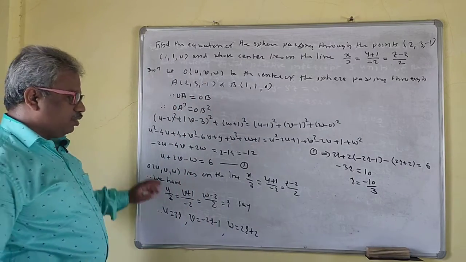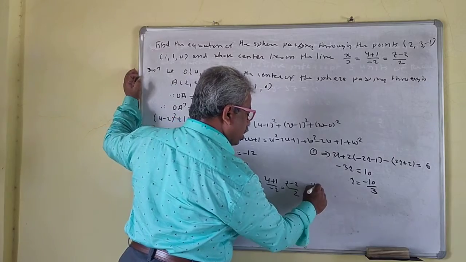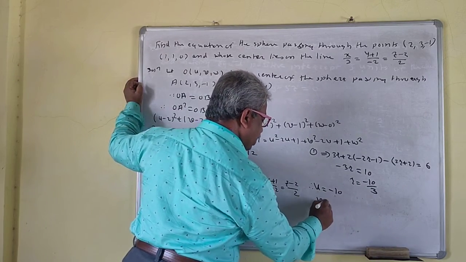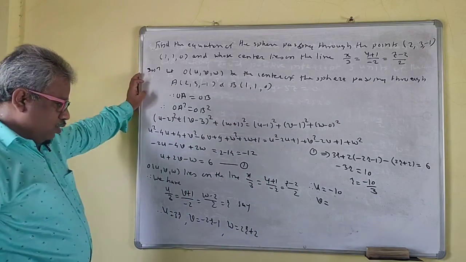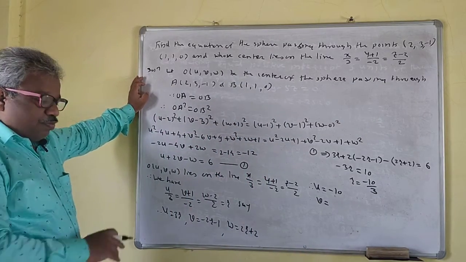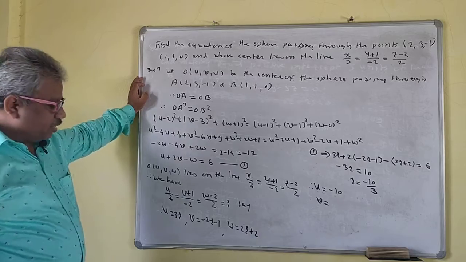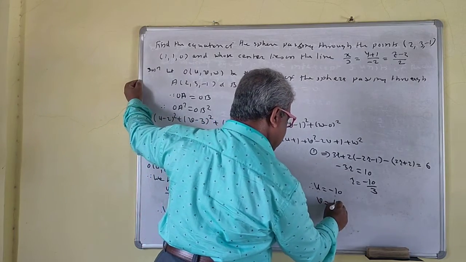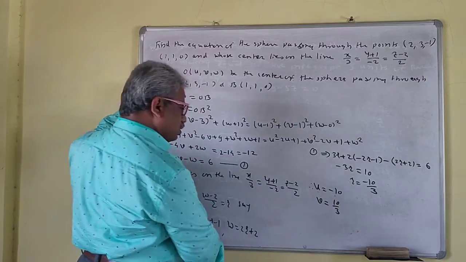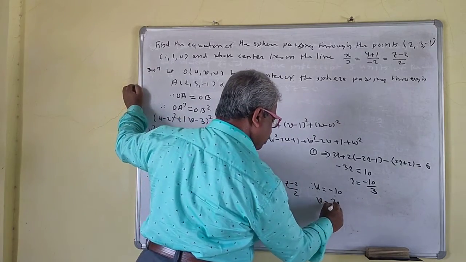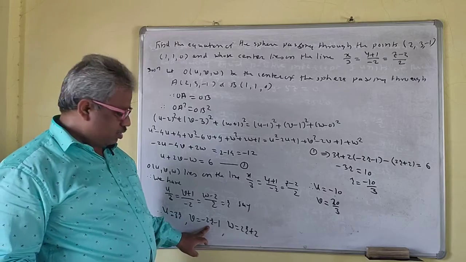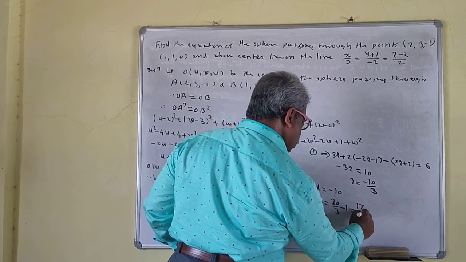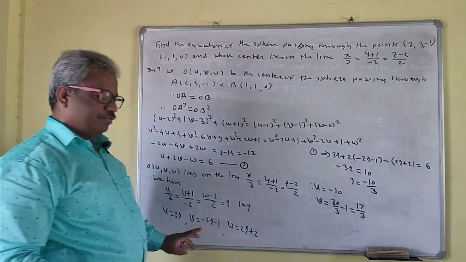So we'll put R here. Therefore U is equal to 3R, means minus 10. V is equal to, take care everywhere now. If you make a mistake somewhere here, you will get the wrong answer. So minus twice R means 20 by 3, minus 1. So this is 17 by 3.